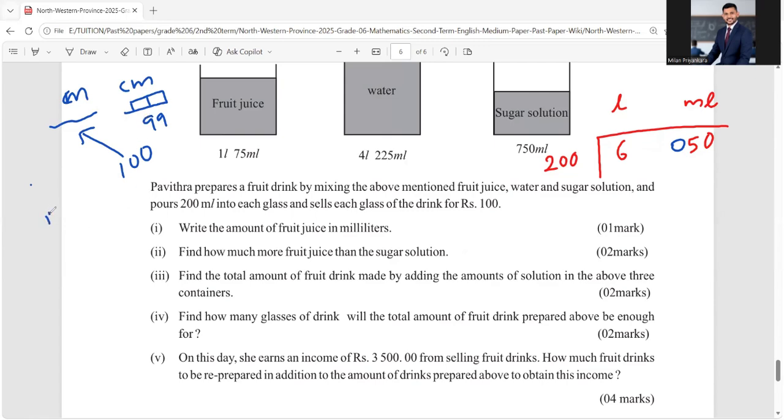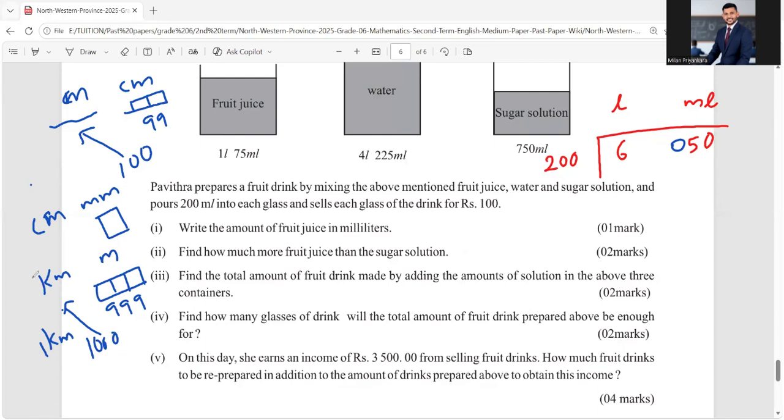If you have centimeters and millimeters, on the millimeter side, you must have only 1 digit. And if you have kilometers and meters, then there should be 3 digits on the meter side because you can write up to 999. Right. When it becomes 1000, it goes to the kilometer side as 1 kilometer. Okay. So I think you better remember these things. And now let's solve this problem.